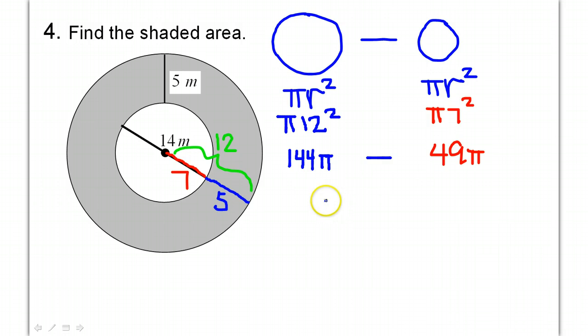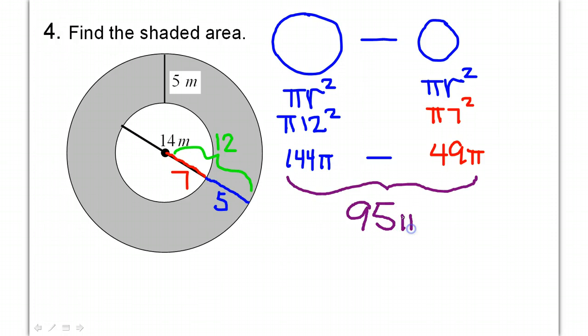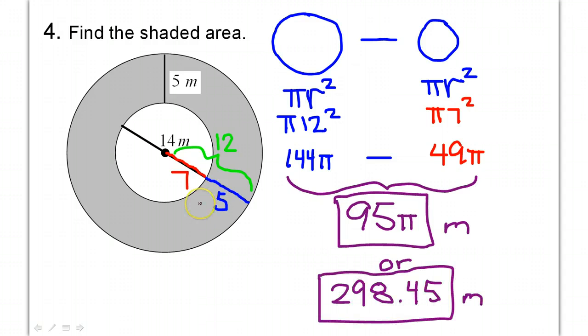Now this would not be the exact answer because these can actually be subtracted. They are like terms. If you do the subtraction, you get 95 pi. So that will be the exact answer. Or, of course, you can write it as a decimal if I ask for a decimal. 298.45 meters.